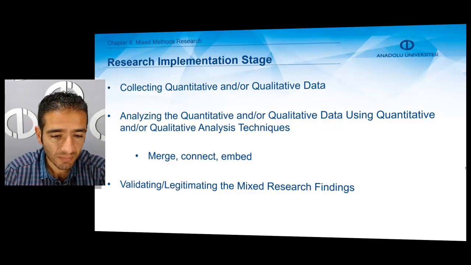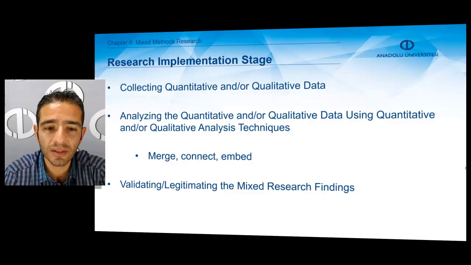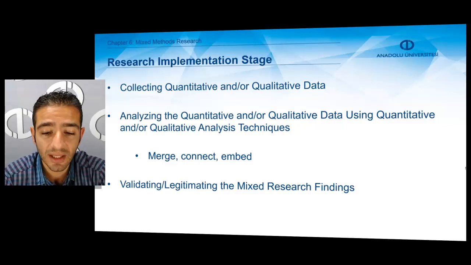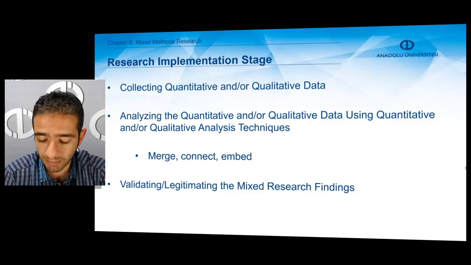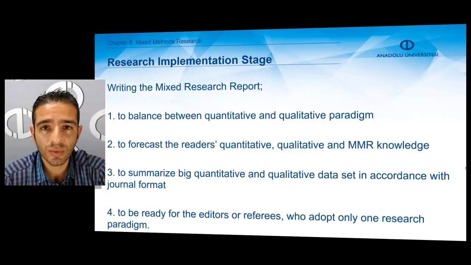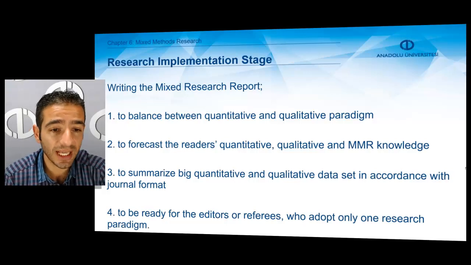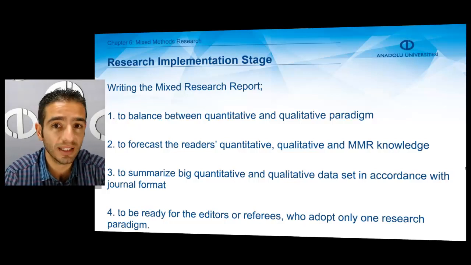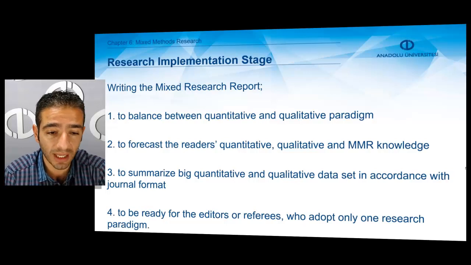And of course, just like in other research types, validating and legitimatizing the data sets are also important in mixed method research findings. And while writing your mixed method research report, do not forget to balance between quantitative and qualitative research paradigms.